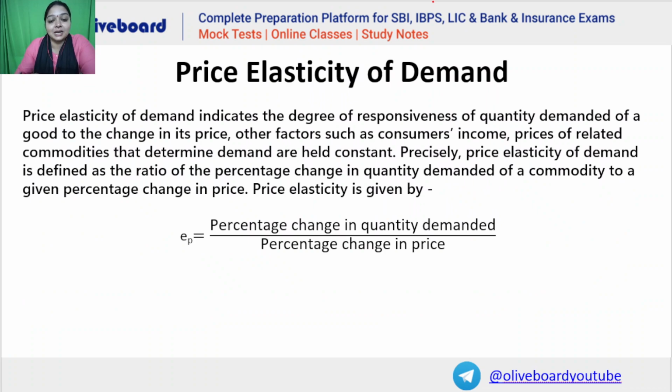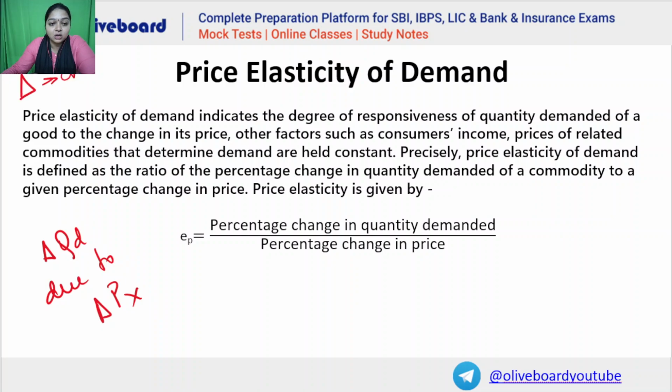Moving on, price elasticity of demand. When we consider change in quantity demanded due to change in its price, when I put this triangle, I hope all of you know this triangle means change. I can't write change every time, so I'll just put the triangle.